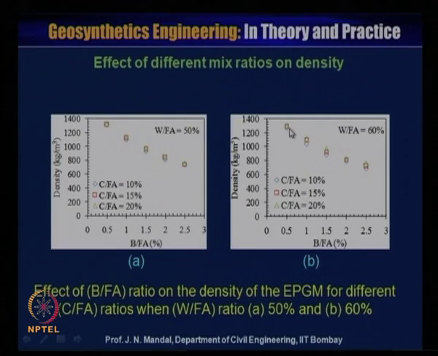You can see the nature of the curve is the same: the density of the geomaterial decreases with increasing beads to fly ash ratio percentage. But here it has been observed that at a water to fly ash ratio of 50%, the density is relatively slightly more than when the water to fly ash ratio is 60%, under any density.